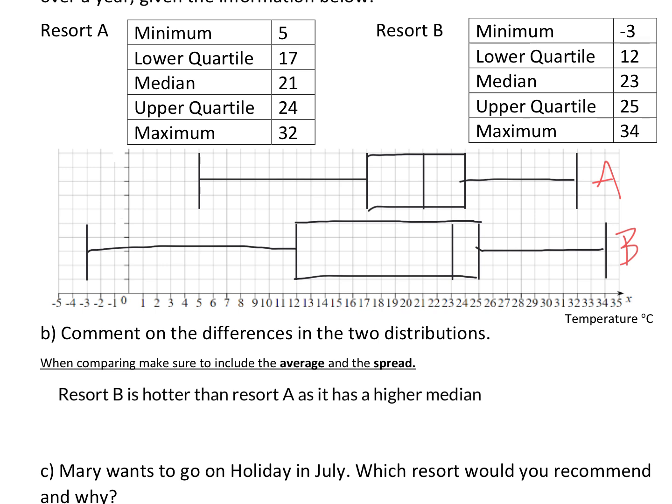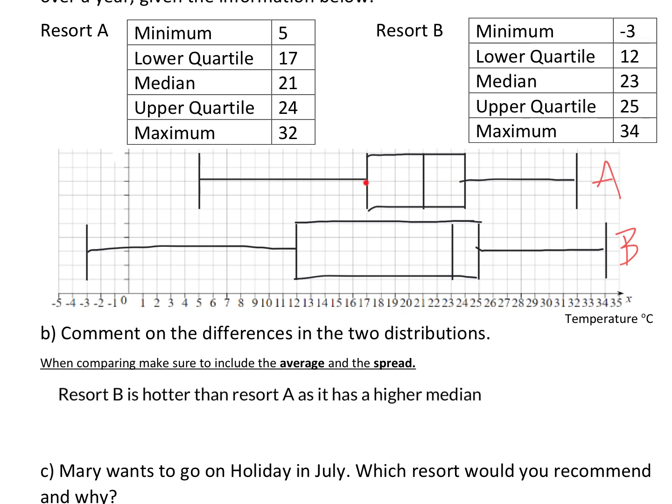What does that mean if it's got a bigger spread? Bigger spread is okay, but you need to say bigger spread in temperatures. You may want to say in this case that the temperatures are less consistent in B, or the temperature is more variable in B. Because it's got a larger range. Now, range is only one way to look at how spread out that is. You can also look at the middle 50%, which is called the interquartile range.